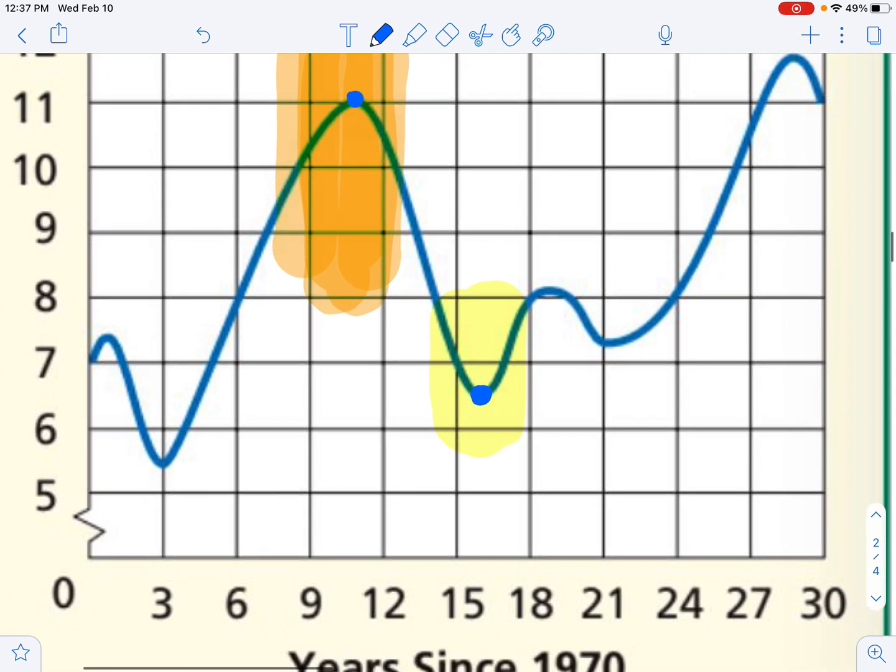So looking at this graph, you could say there's a relative maximum between 9 and 12 years. There's a relative minimum between 15 and 18 years. There's another relative maximum between 18 and 21 years. And another relative minimum between 21 and 24 years.